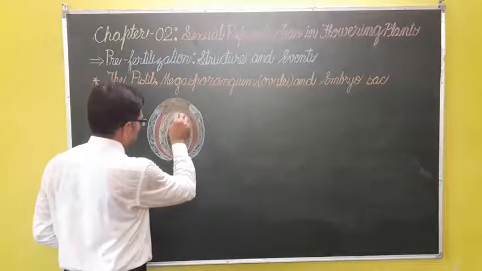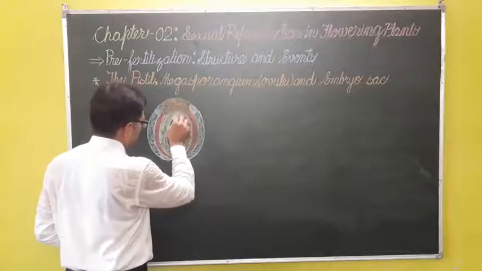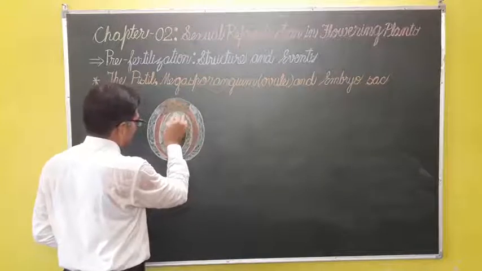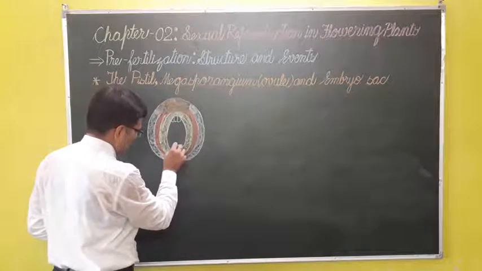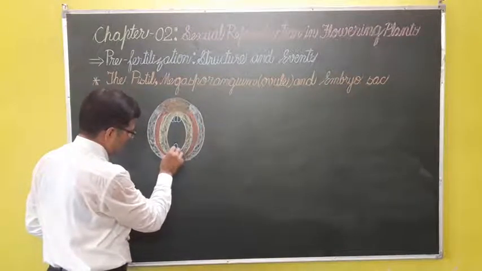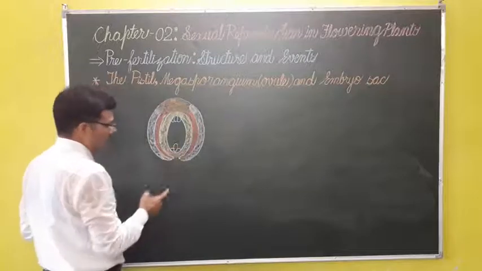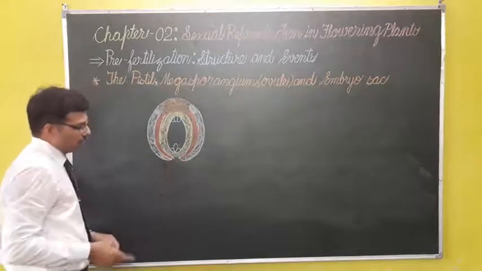Three cells are towards the chalaza end and three cells are towards the micropylar end, because this is the micropyle, that's why this end is called micropylar end, right?